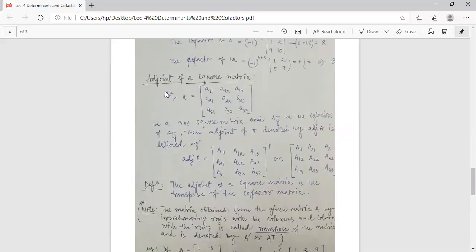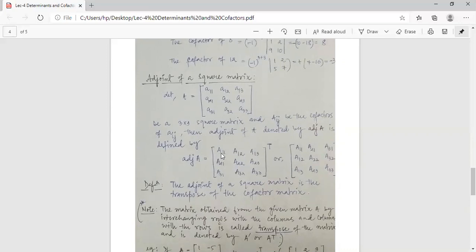Now come to this topic, that is the adjoint of a square matrix. If you have a square matrix, then the adjoint of that square matrix, denoted as adjoint of A, is equal to the transpose of the cofactor matrix.